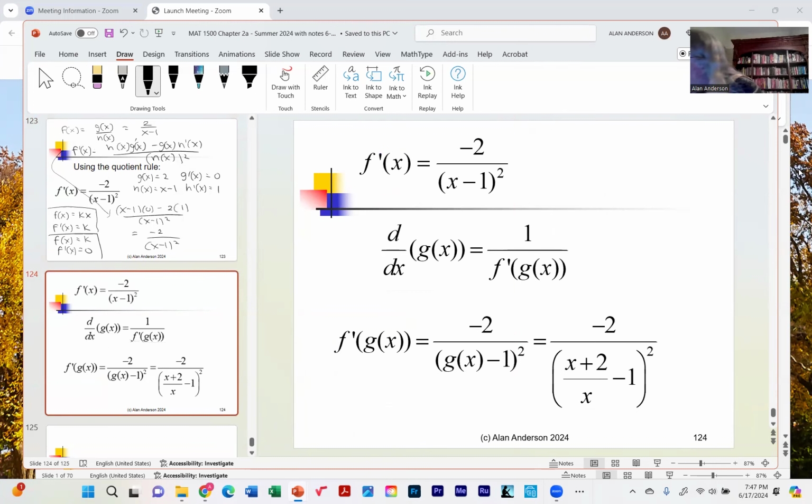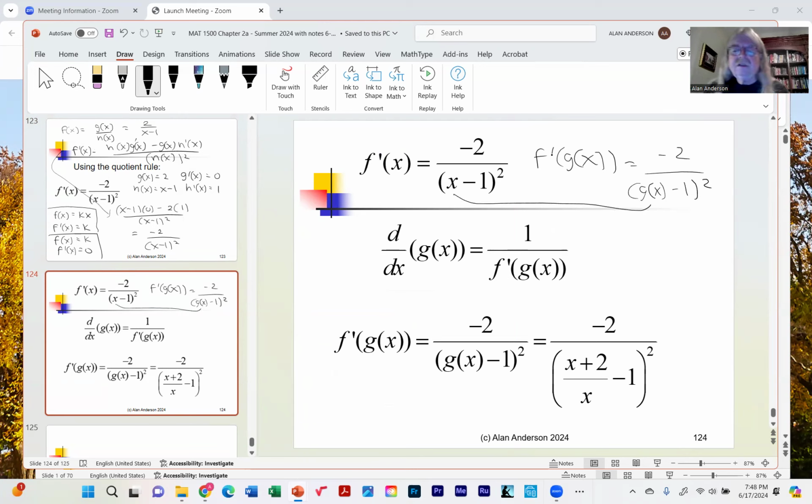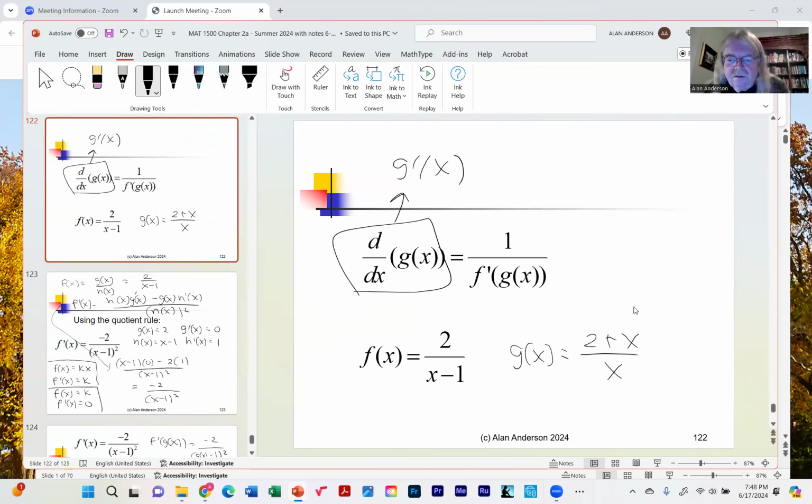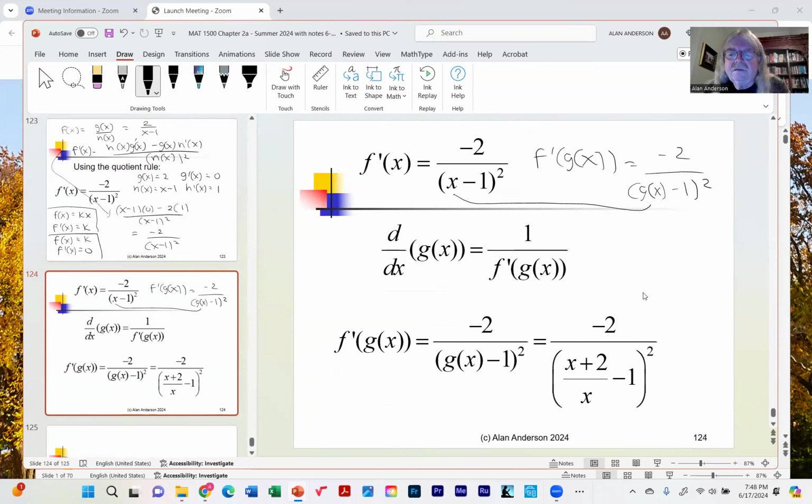To get to f prime of g of x, x becomes g of x. And we already know that g of x, the inverse, is 2 plus x over x, or x plus 2 over x, as you can see. So this is actually the final result.